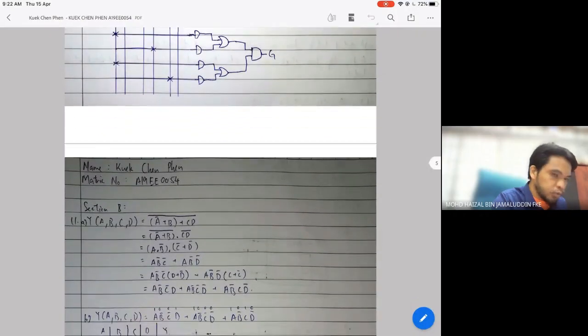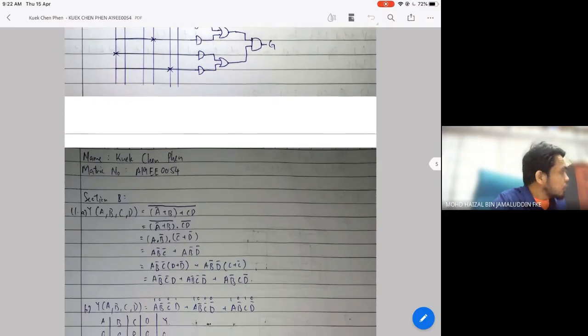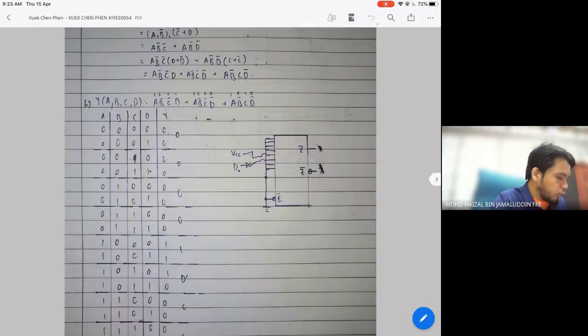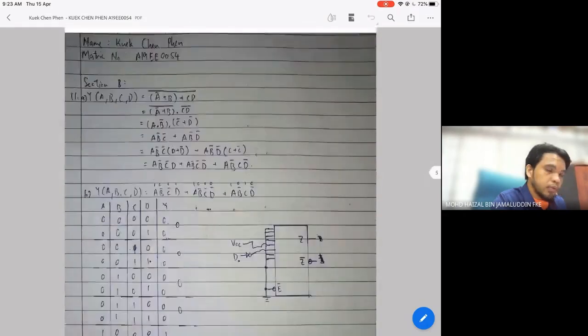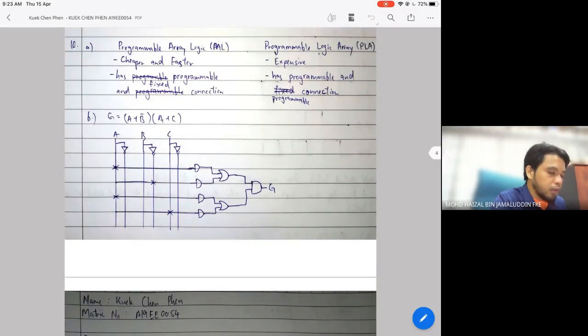Section A is 1 to 10, maybe 5 marks each. For section B, there are only 4 questions, each of which maybe has higher marks.